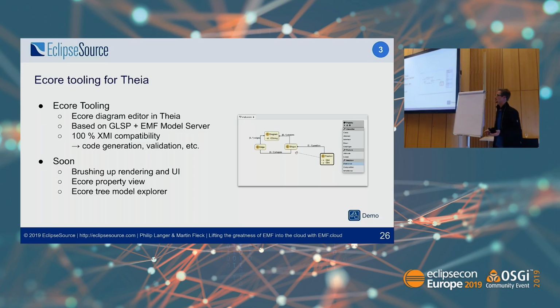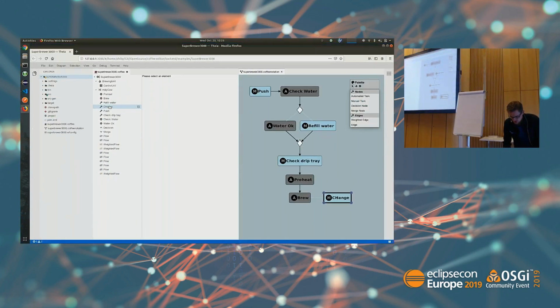GLSP on the client doesn't really need to know how to create, for instance, an EClass. It just sends it to the server and it will create the EClass for you and then update the client again. So with that we maintain all the cool functionalities of Ecore, like code generation and validation, which will still all work without any issue. So let me just give you a quick demonstration of that.